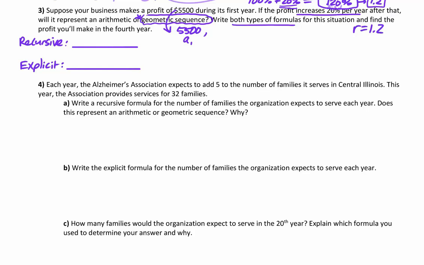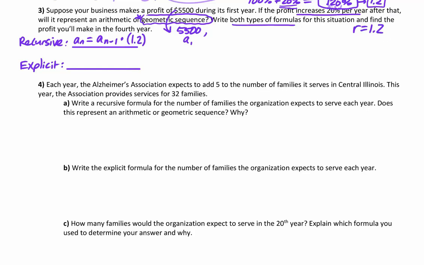So let's take those two ideas and write out our formulas. The recursive formula starts off with a_n equals, and this one is talking about how we relate to the previous term, so that's a_(n-1). Now the previous term gets multiplied by our 1.2 amount, this common ratio.